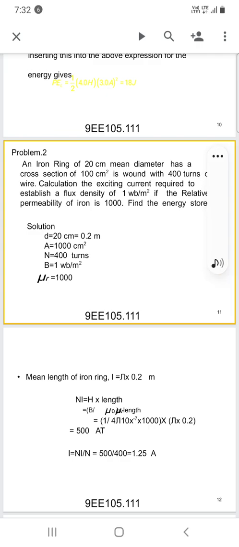If the relative permeability of the iron is 1000, find the energy stored in the magnetic field.